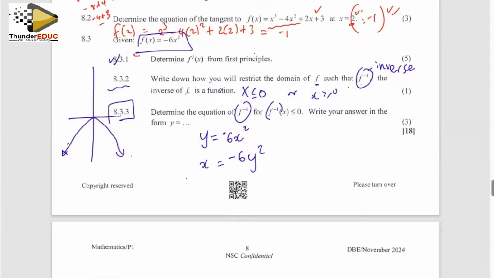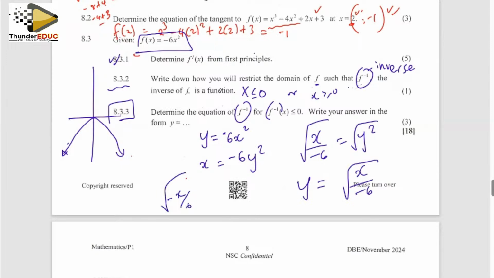Divide both sides by negative 6. So x over negative 6 is equal to y squared. And then we must find square roots. So y must be the square root of x over negative 6, or it can be negative x over 6. And then they tell us x must be less or equal to 0. So jot it in this format or just in that format. This is the equation that they wanted.